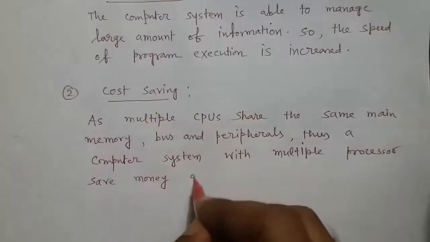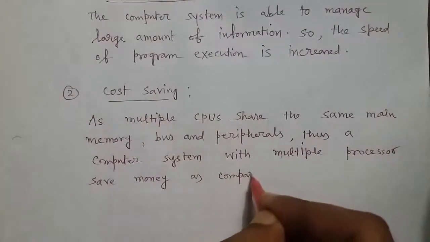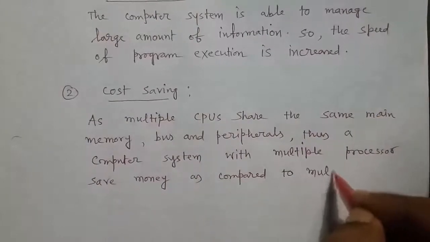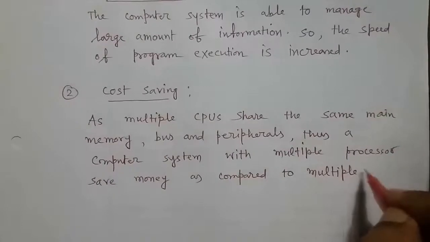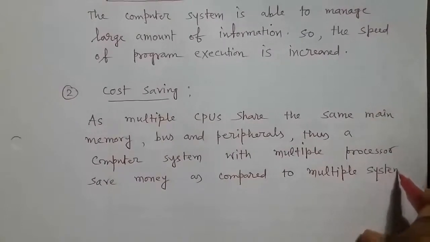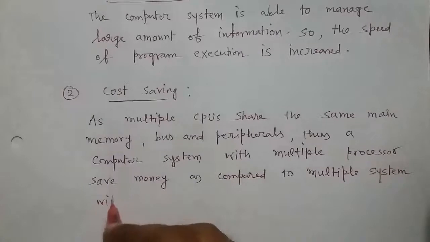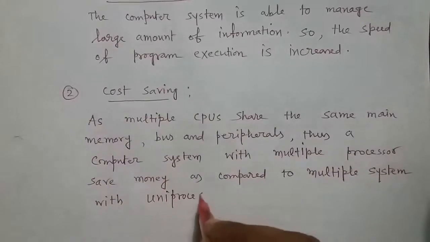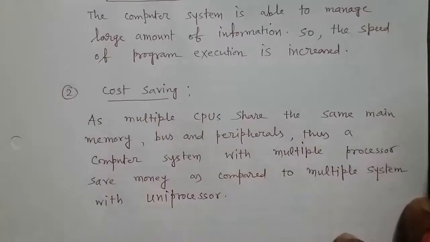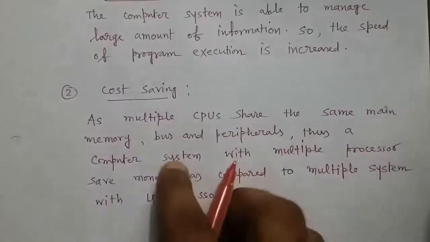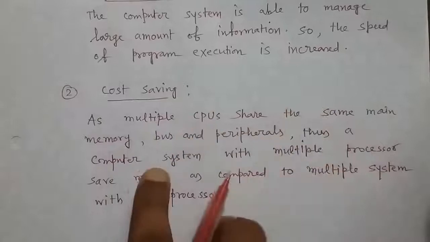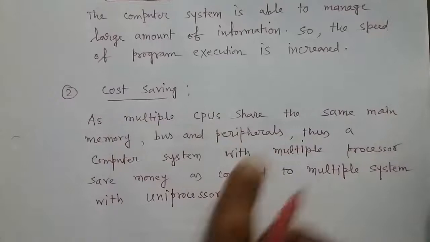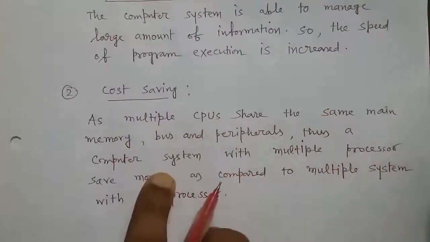as compared to multiple systems with uniprocessor or single CPU. Okay. So there are 3 CPUs, 1 main memory and the same peripheral devices in case of a multiprocessing system.